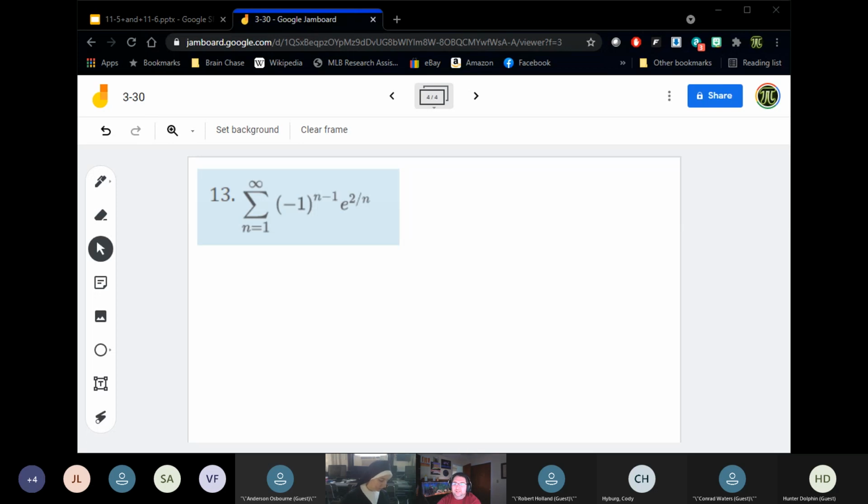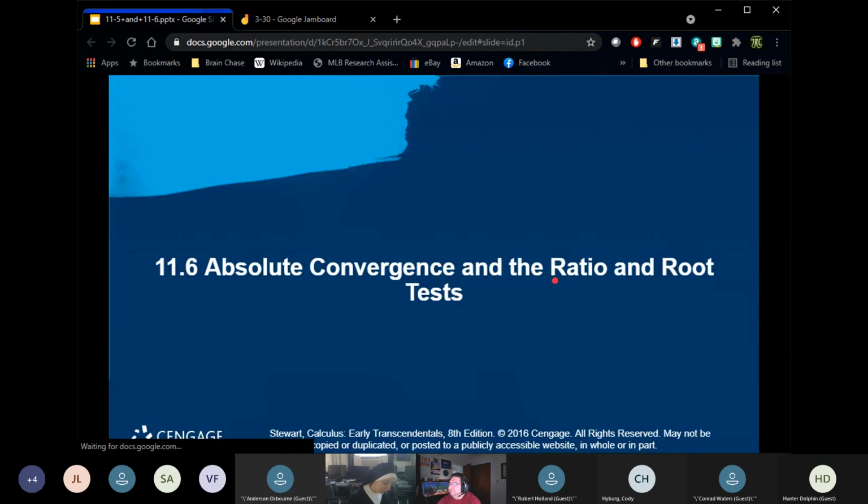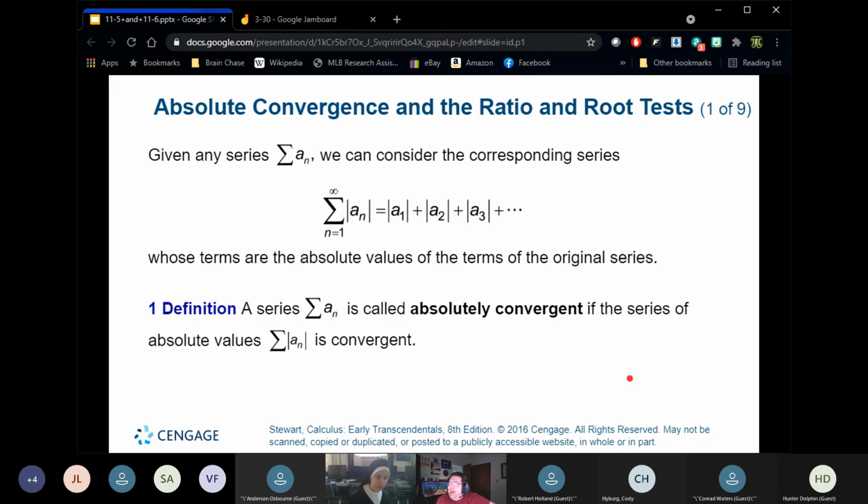All right. Let's look at a couple more tests. So we have absolute convergence, and then we have the ratio and the root test. Absolute convergence means that the absolute values are going to converge.